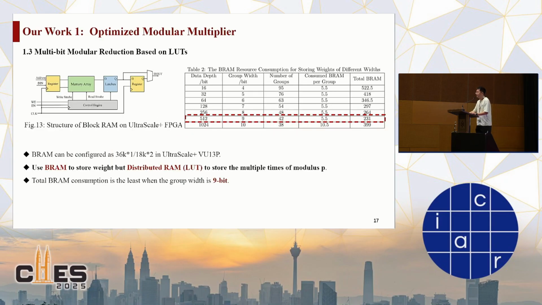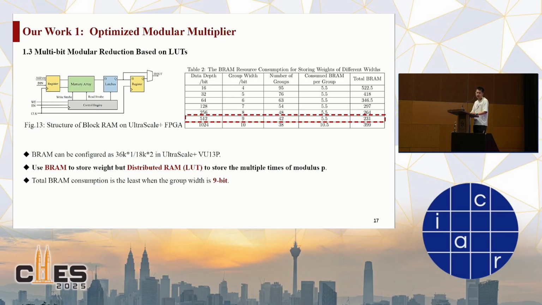However, how to store these weights effectively in FPGA is a critical problem. As we've seen from the previous algorithm, the initial reduction always contains more branches than the conditional subtraction. So we use the block RAM in FPGA to store the pre-computed weights, and use distributed RAM or LUT to store the multiples of modulus P in conditional subtraction.